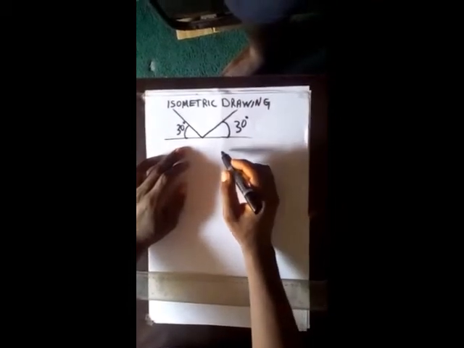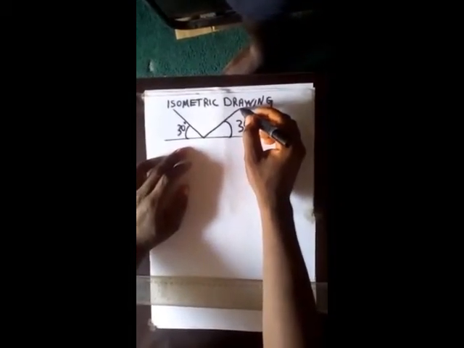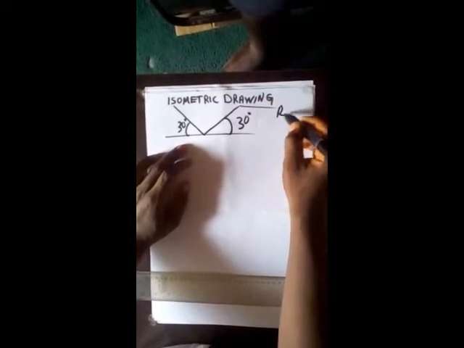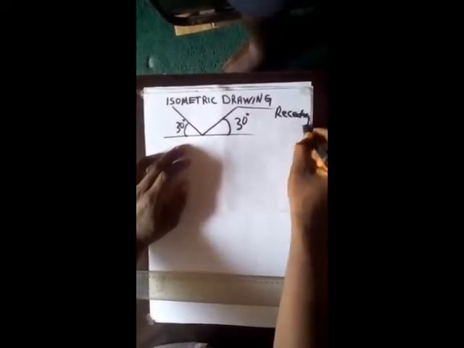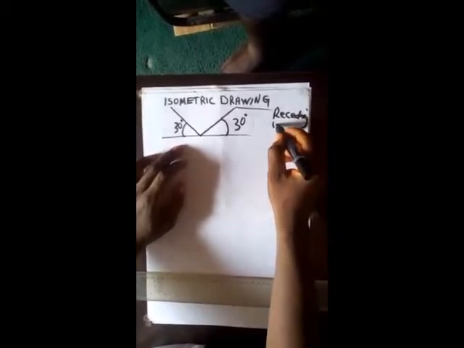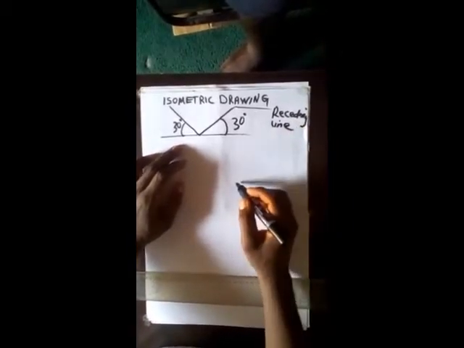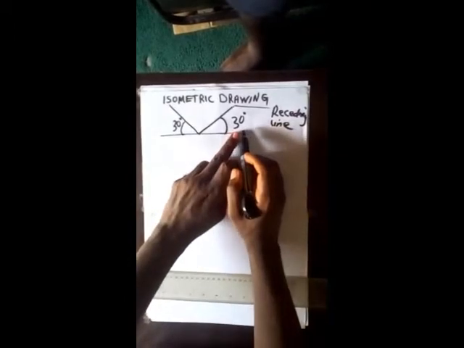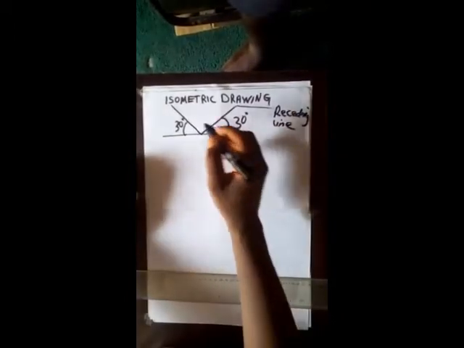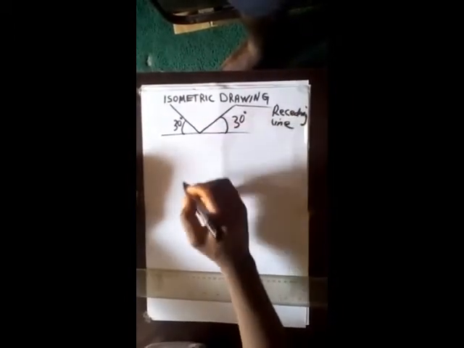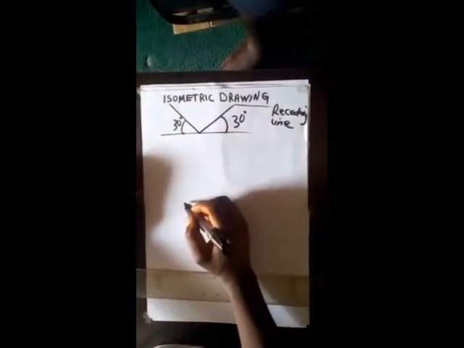And if you look at this, you have this line called the receding line, which is drawn at an angle of 30 to the horizontal. So this is receding, this is receding, this is the horizontal.